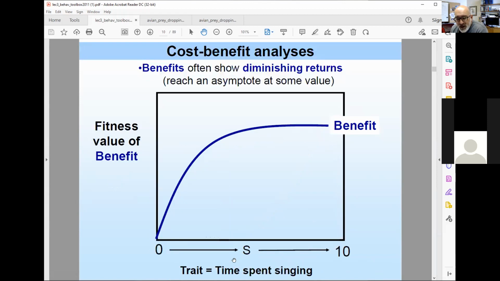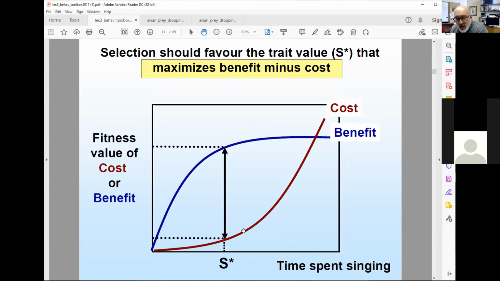Now, just to go back here, S is just a reference to the amount of time spent singing. It's whatever value you are interested in. But this S star here refers to the optimal trait value.